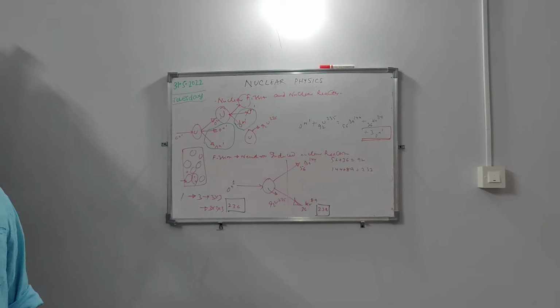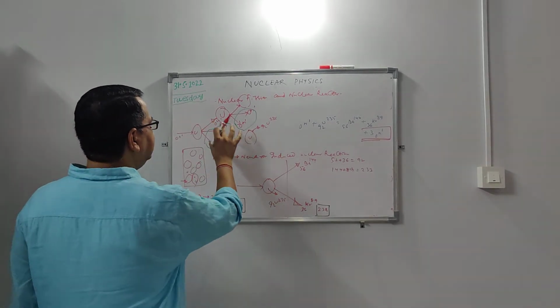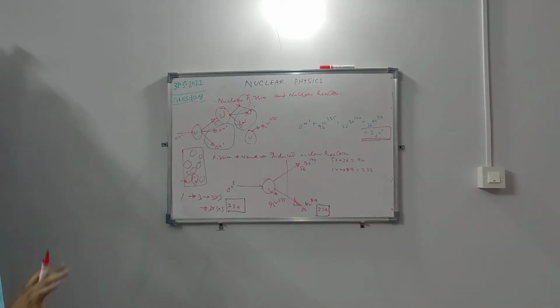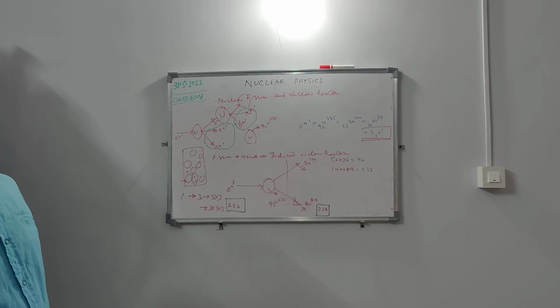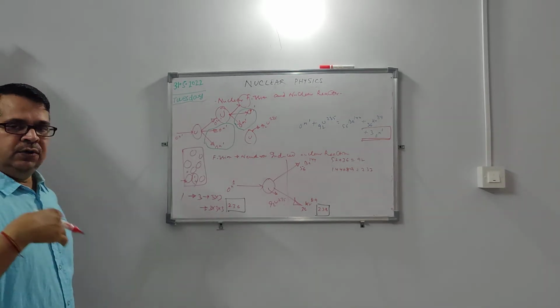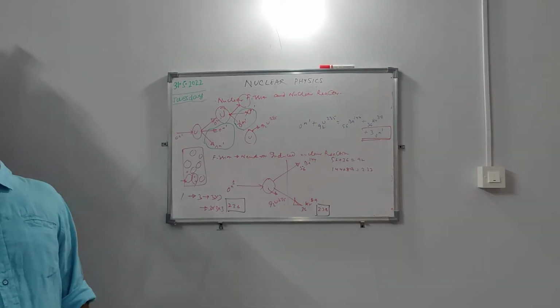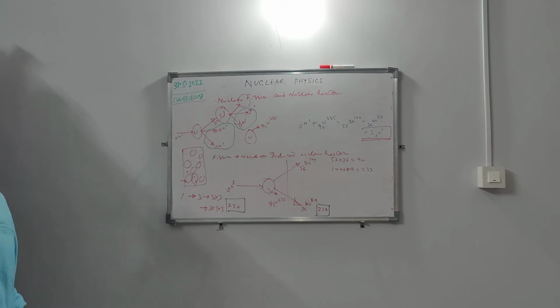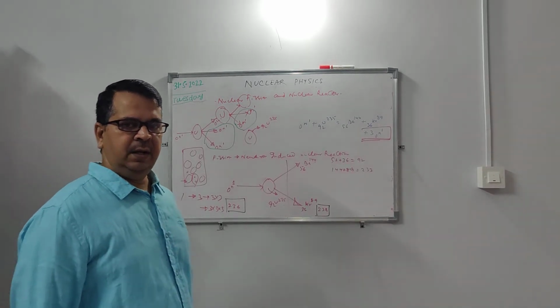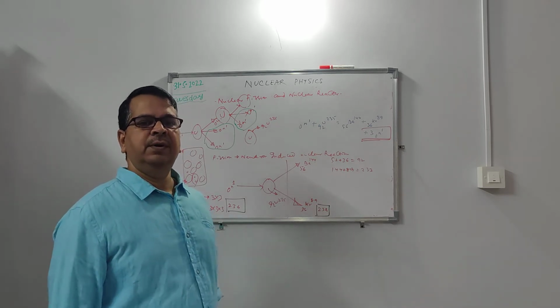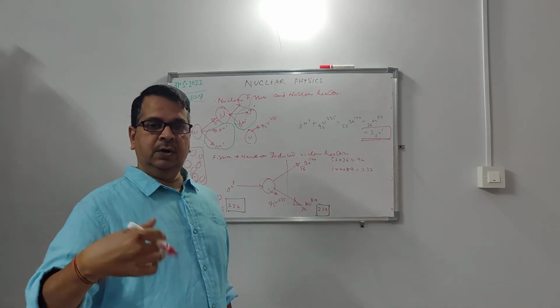It will go on increasing and you cannot control it. But with the help of moderator and control rod, if you are able to decelerate the neutrons, or control those two neutrons, it will be a controlled chain reaction. So the nuclear reactor uses the controlled chain reaction principle, whereas the atomic bomb uses uncontrolled chain reaction.